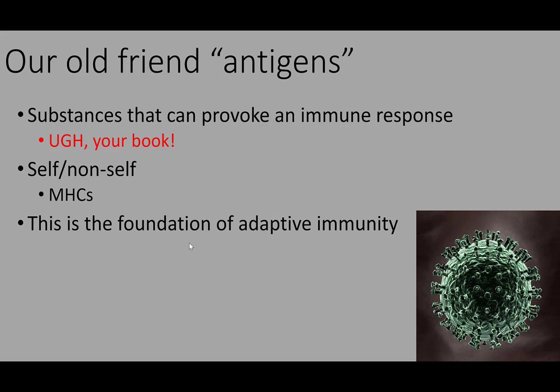So that brings us to antigens again. And I really, really hate the way our book handles this word at this point. An antigen, by definition, is any substance that can provoke an immune response.